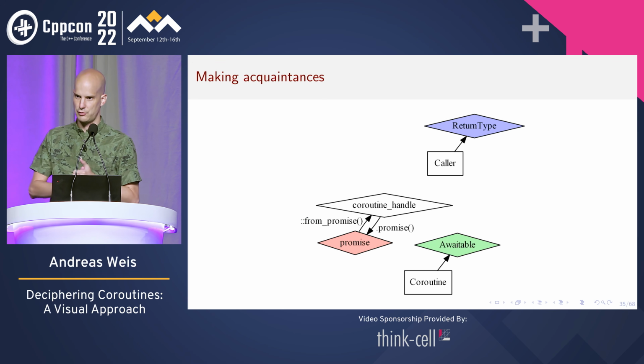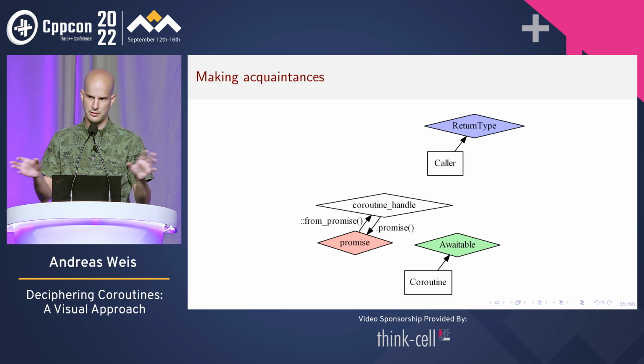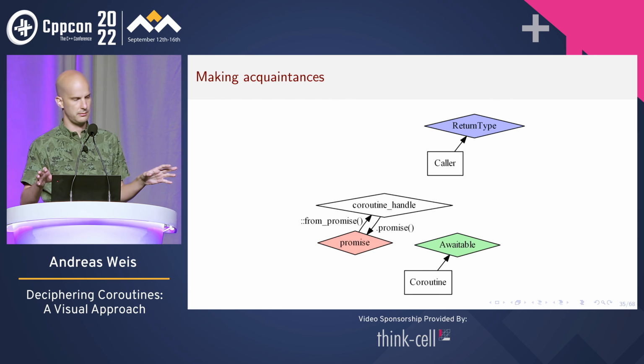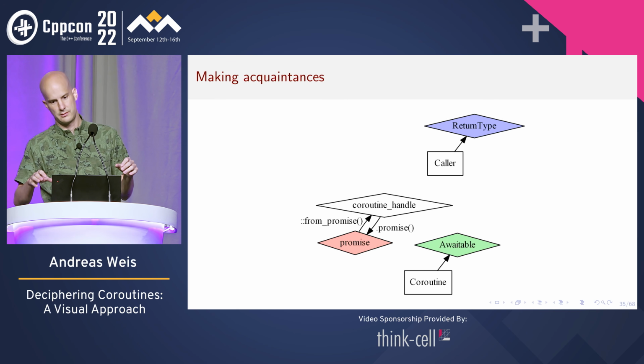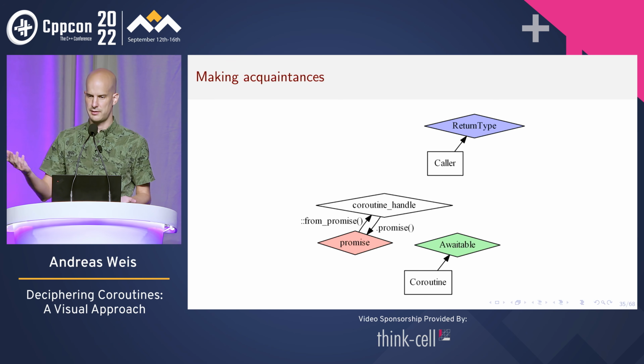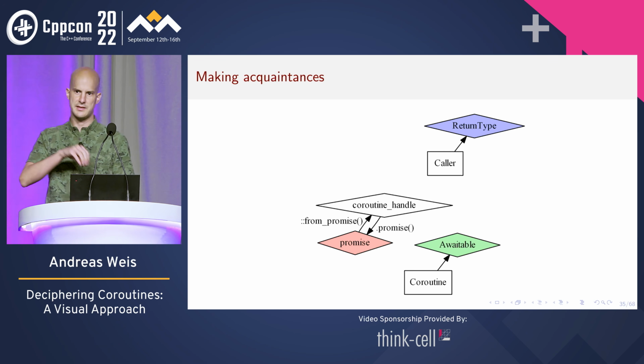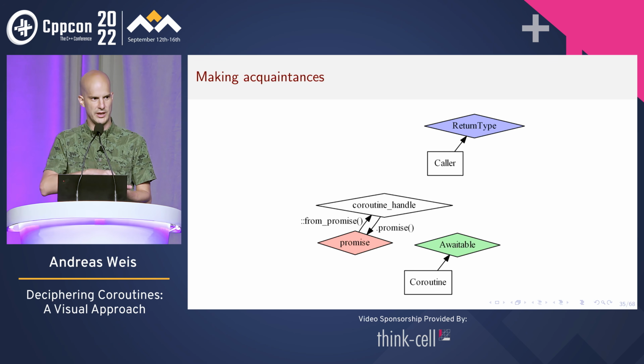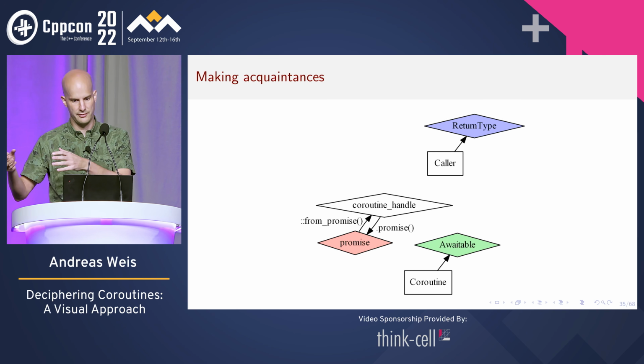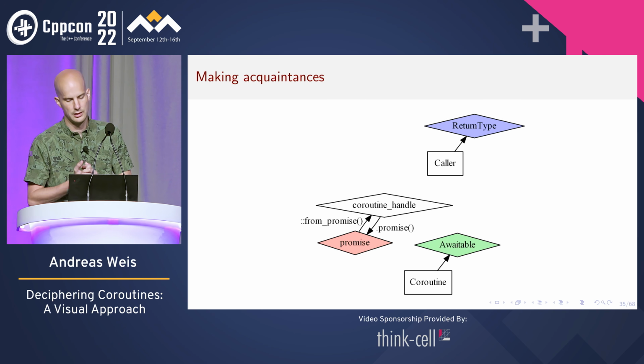So it's time to make some acquaintances. This is all of the objects that we've seen so far. The caller obviously knows the return type, right? Because the return object is the thing that gets handed back to the caller when it calls the coroutine for the first time. So that connection is clear.